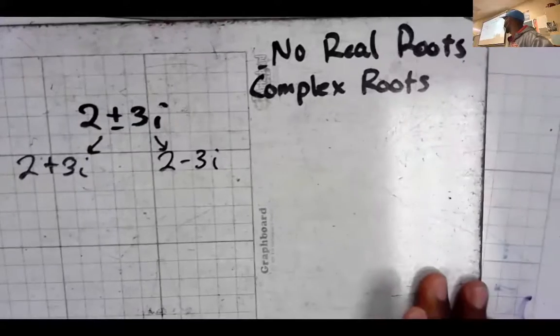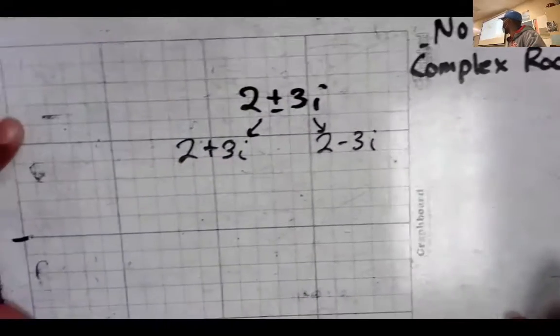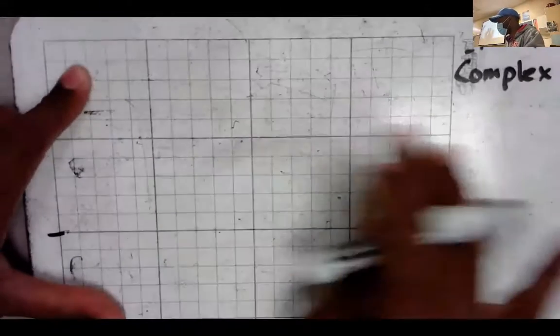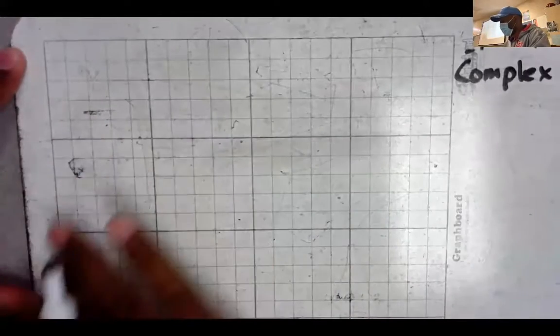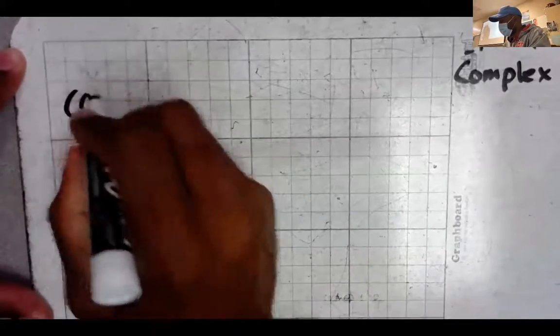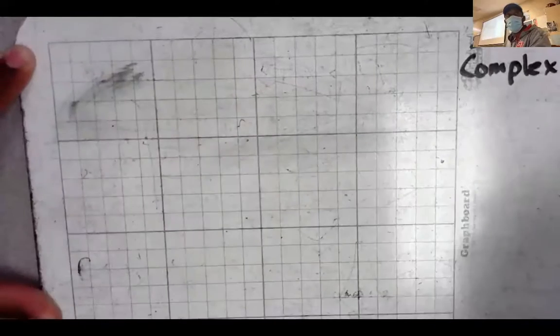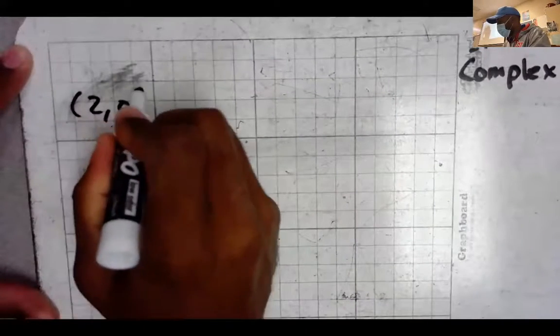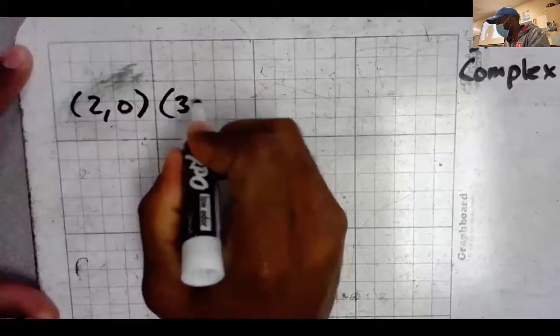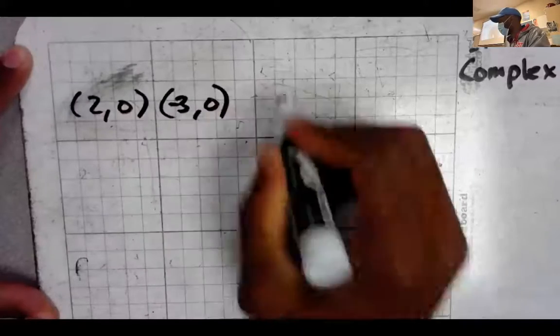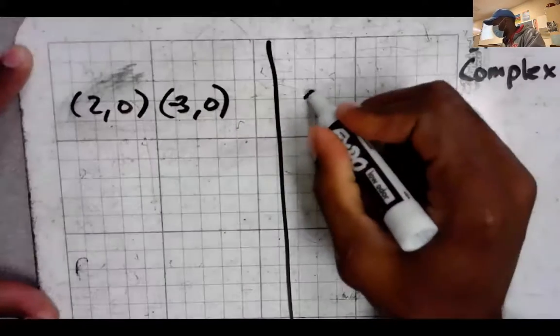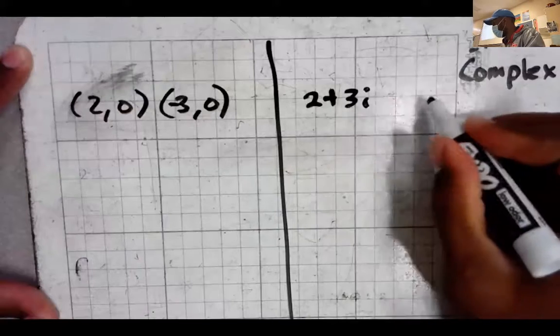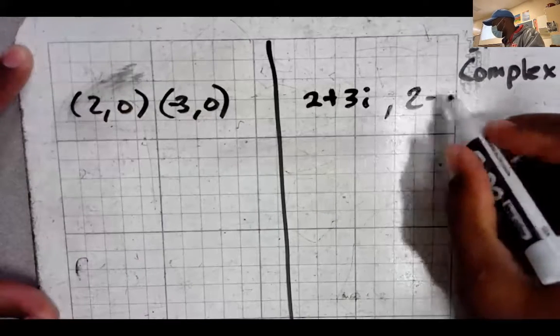Okay, and so what I'm going to do is a side-by-side example here so you guys can see how these are similar, but how they're different. Let's say I've got 2, 0, and negative 3, 0 as my roots for one example. But for this example, we're going to do 2 plus 3i and 2 minus 3i.